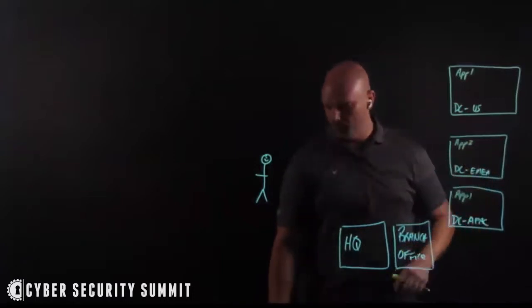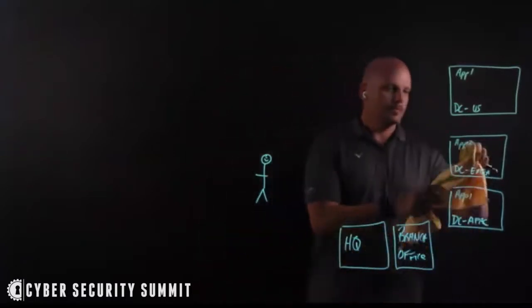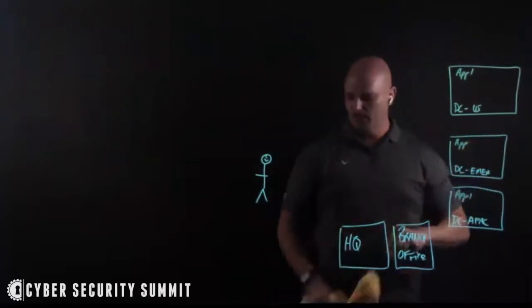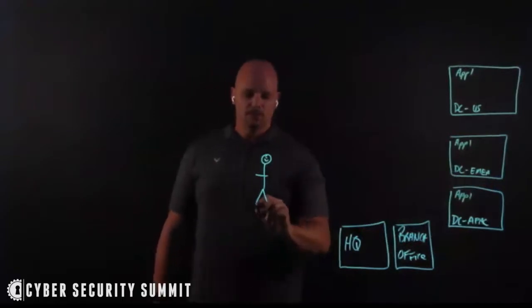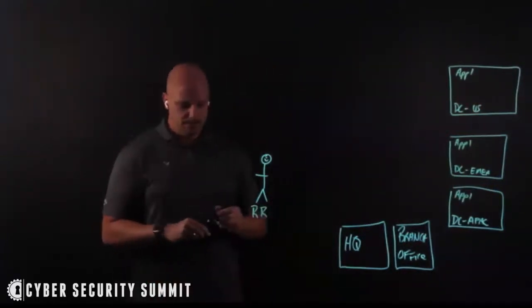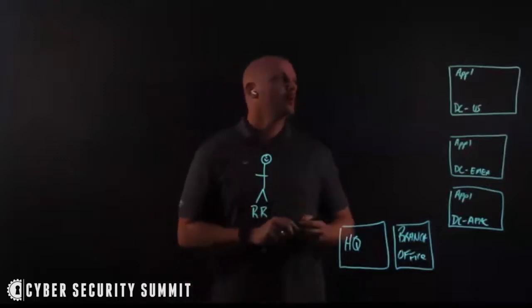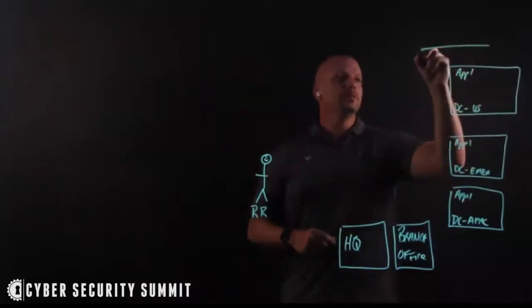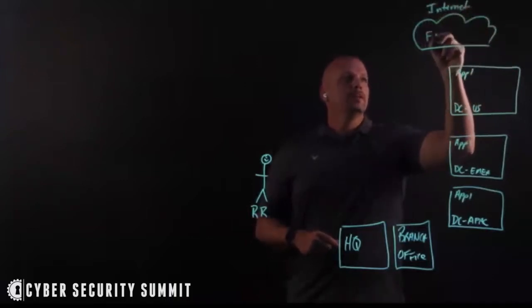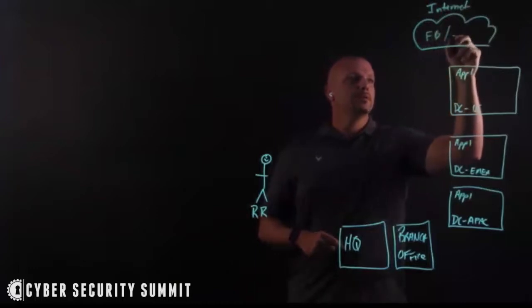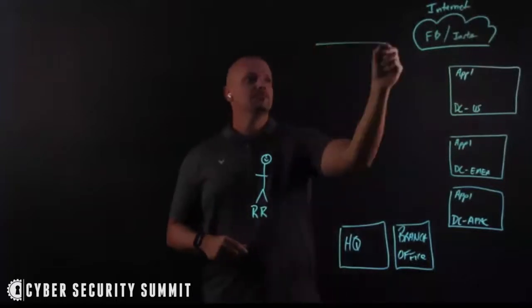Actually, I want to make it app 1 across the board for fun's sake, so I can show you exactly how I could geolocate people and throw them to the closest application, right? So we'll denote this dude as your traditional road warrior, and then to add in other stuff, we got the big bad internet over here, and it might be Facebook, it could be Instagram, Snapchat, social media.